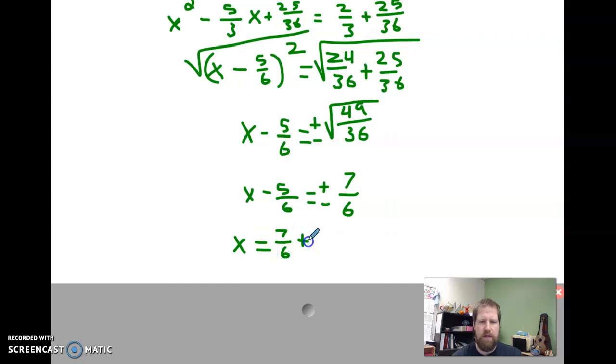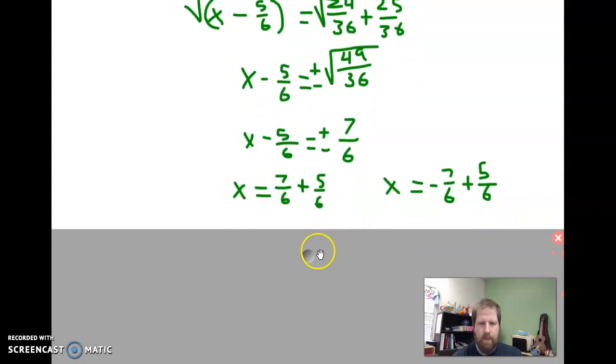7/6 plus 5/6, and x is equal to negative 7/6 plus 5/6.